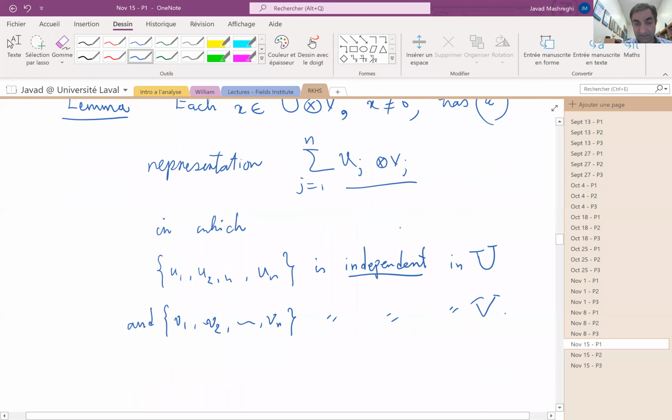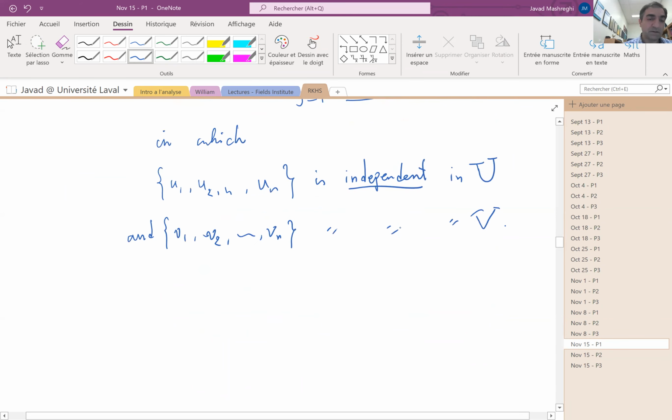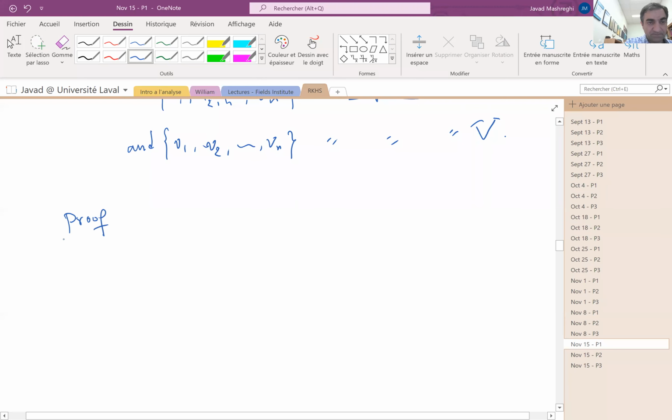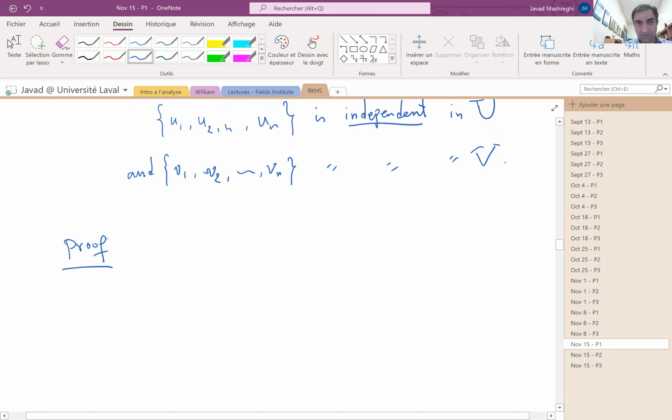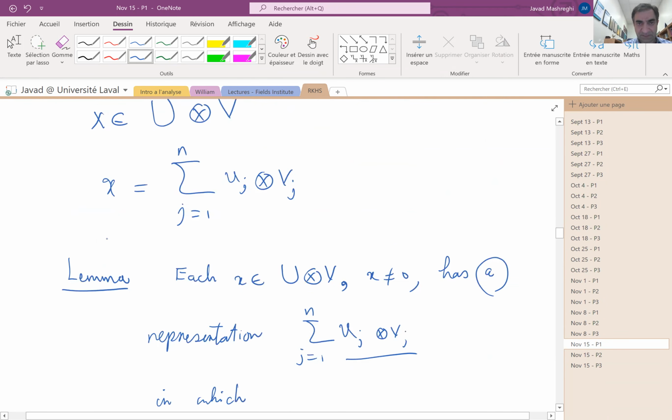So again, there is no uniqueness in this lemma. The only thing that we will see is unique is this n, the number of the basic elements. The proof is again easy. Before giving the proof, I forgot to say something, and you can see why now.